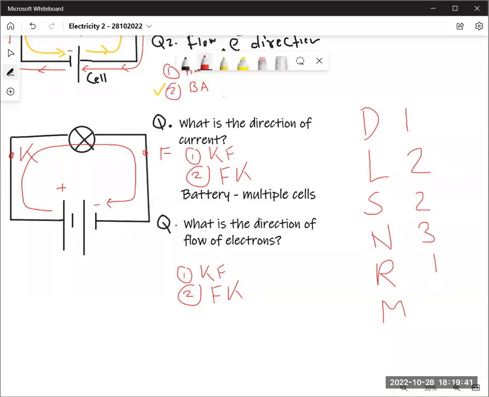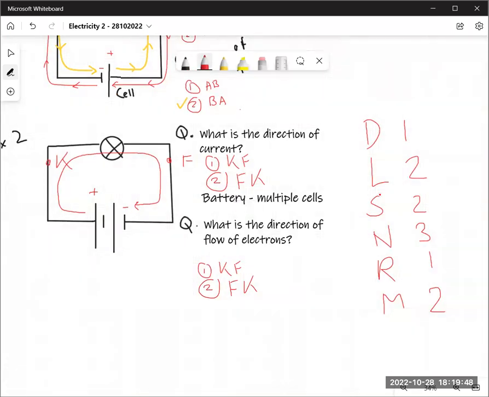Rana has 1 point. Mavadda has 2 points. Najla is answering first. So I think Najla is understanding, right, Najla? Yes, sir. That's good. All right. Now for this one, Mavadda answered first. So she got 2 points.